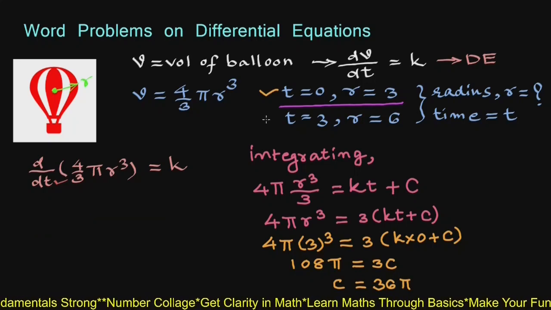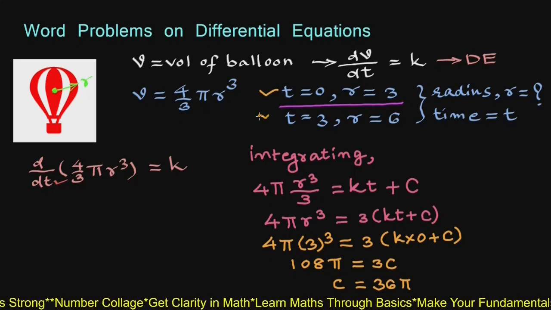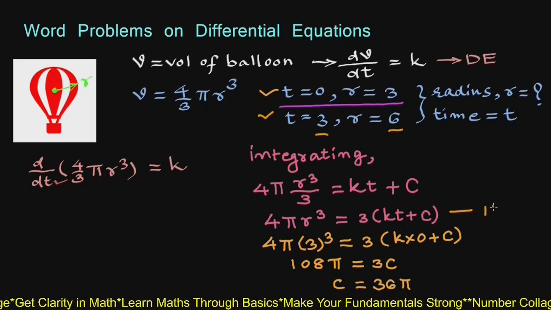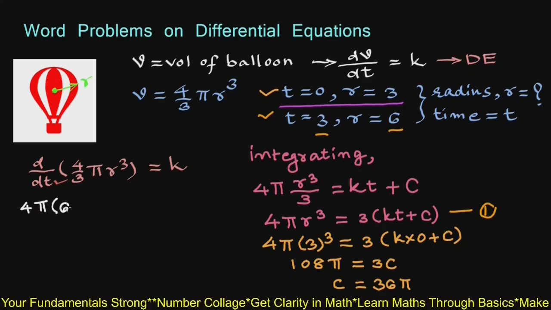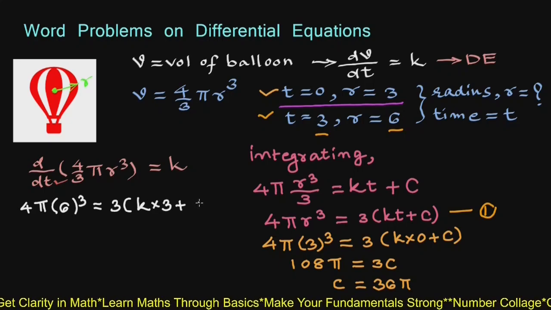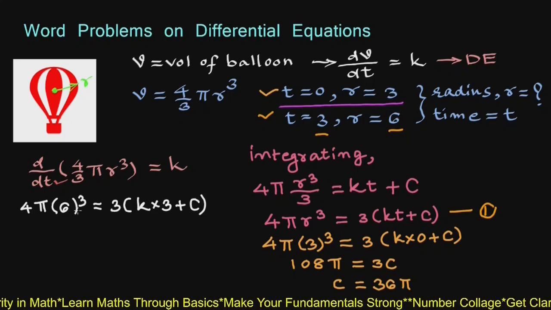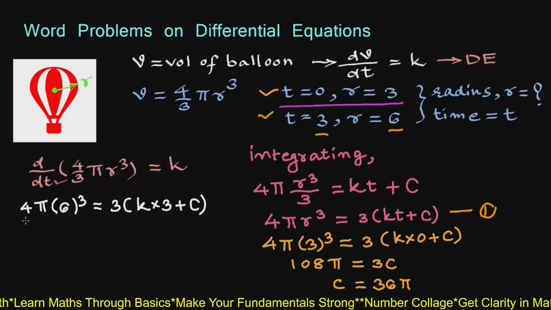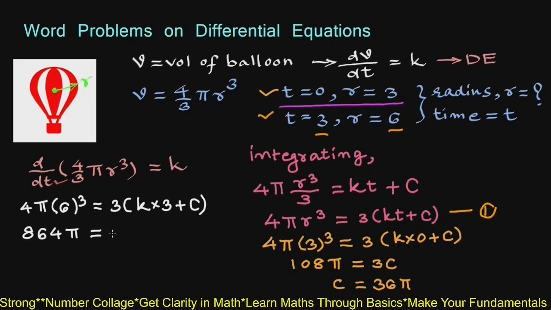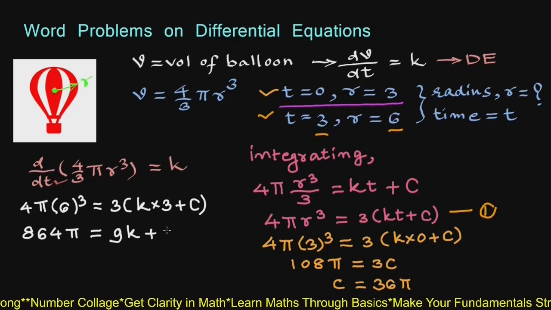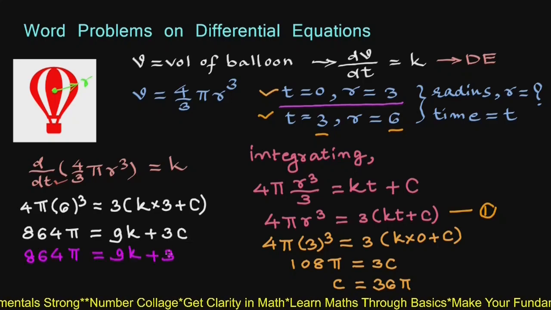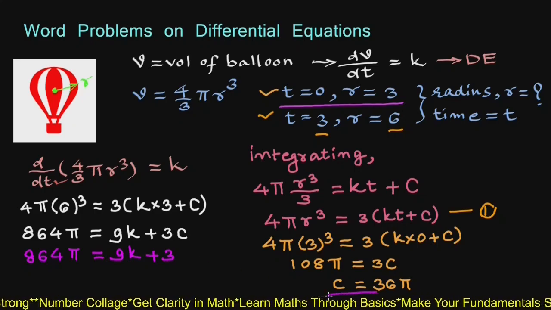Using the second set of conditions, t equals 3 when r equals 6, in this equation 1, we write 4 pi 6 cube equals 3 (k multiplied by 3 plus c). 6 cube is 216. 216 multiplied by 4 is 864 pi equals 9k plus 3c. 864 pi equals 9k plus 3 multiplied by the value of c, 36 pi.